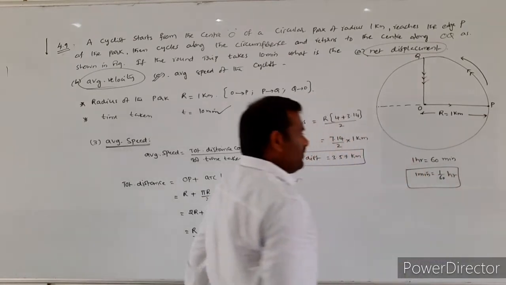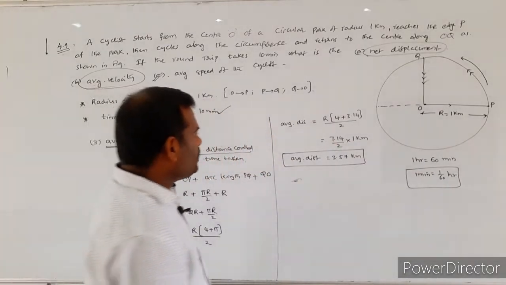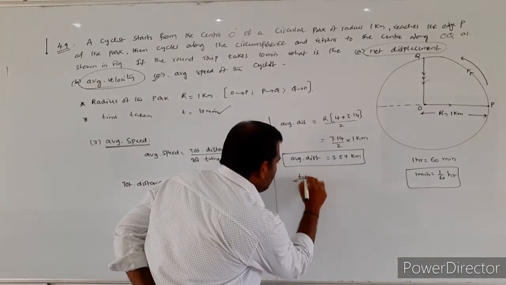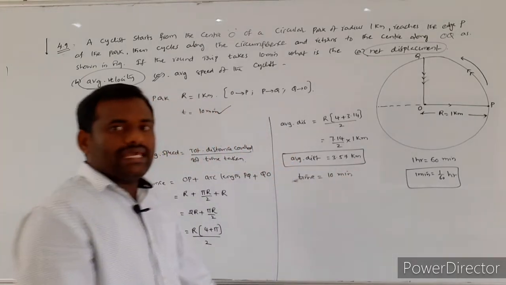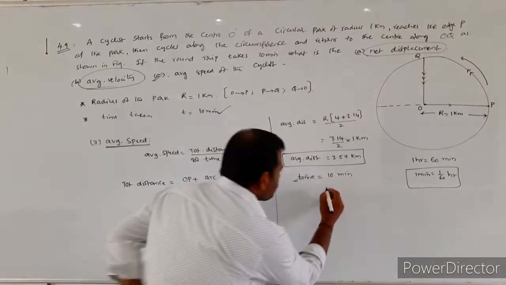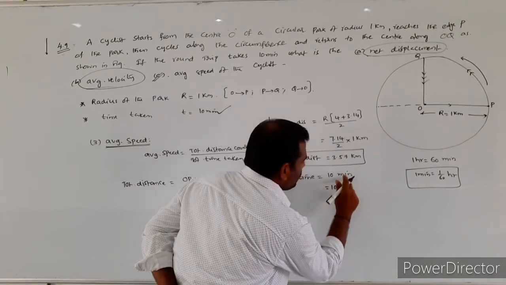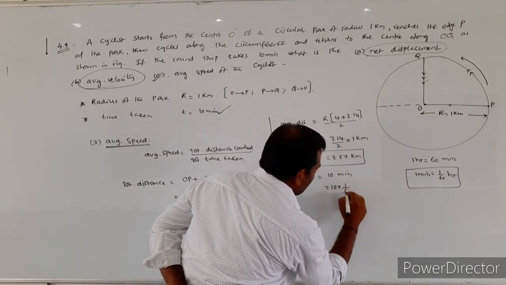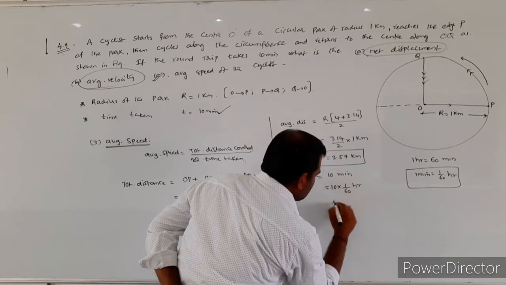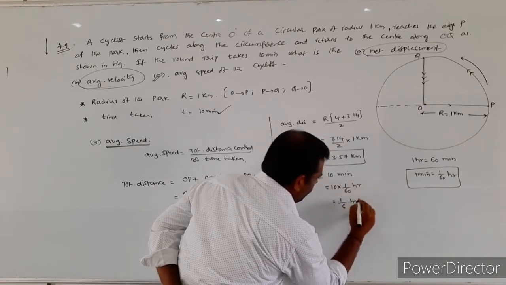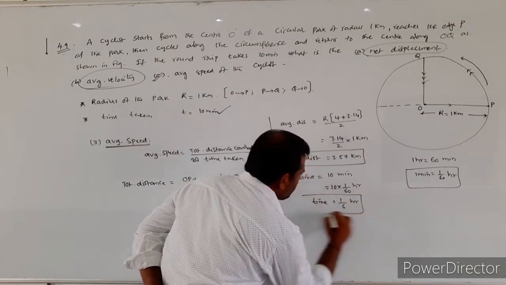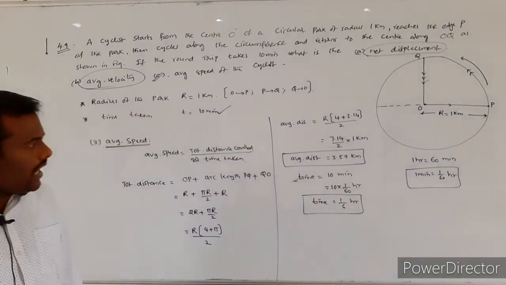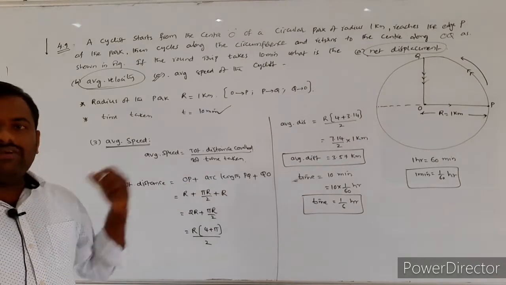The time value they gave is 10 minutes. So I am converting this value into hours. 1 minute is equal to 1 by 60 hours, so 10 minutes is equal to 1 by 6 hours. Now substitute the value in the given formula.